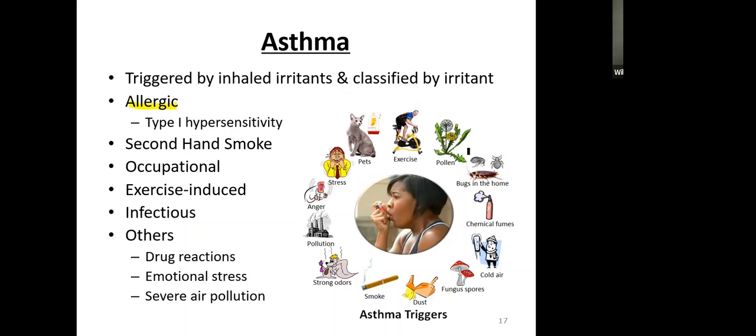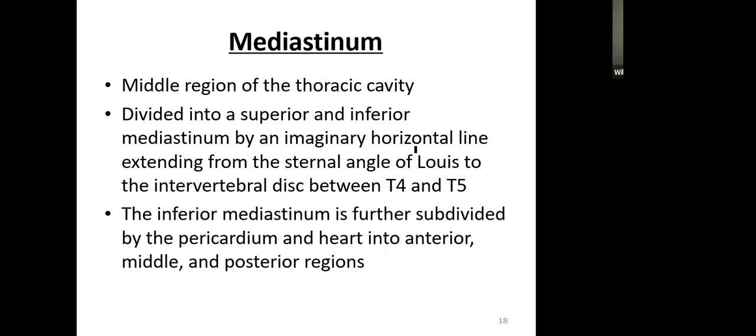All of these things can cause asthma, even exercise. So although exercise can help greatly with asthma, it can also, in some patient groups, cause it. So it's always worth getting a good history from a patient who has asthma and finding out what kind of triggers they have.